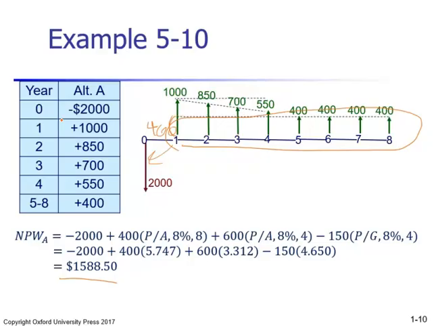Okay, so how else can you handle it? Because it is now a negative gradient, and the previous cases that we did together were positive gradient. So you can do it in this way. You consider it as years 1, 2, 3, and 4.